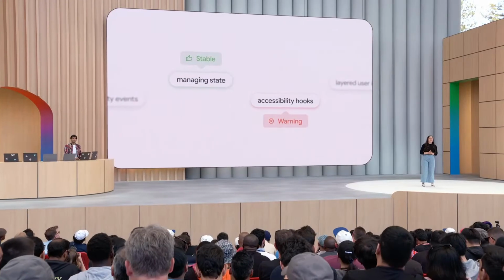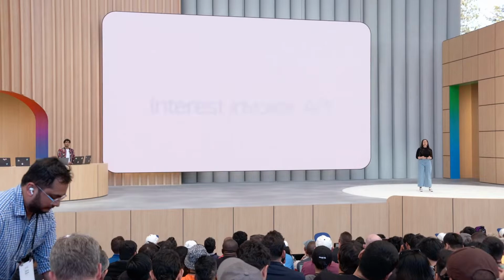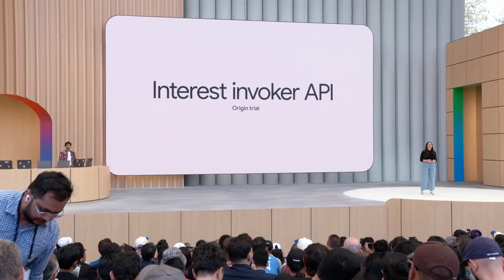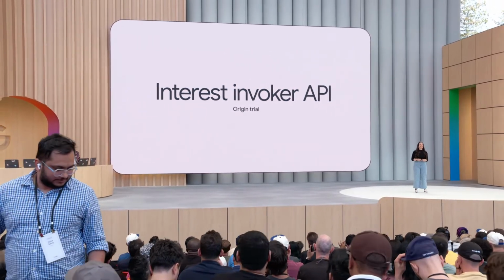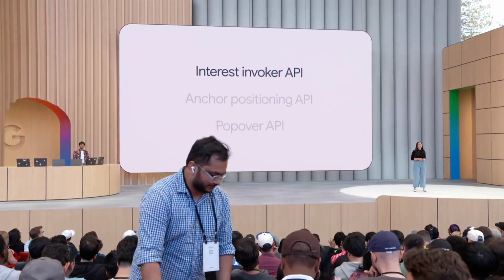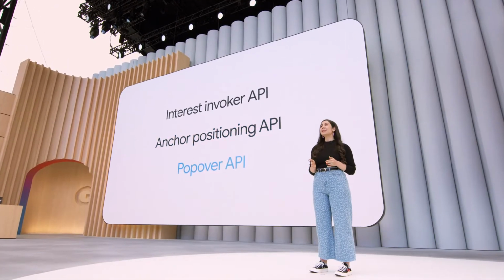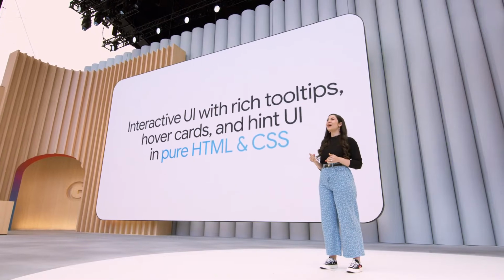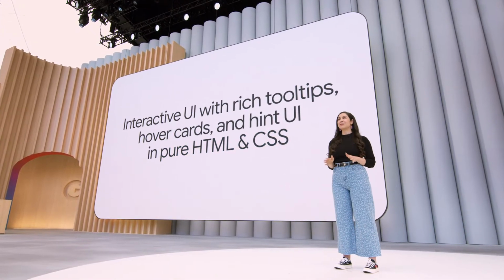So I can't wait for you to try the new experimental Interest Invoker API, which, when used with the existing anchor positioning and popover APIs, helps you build out accessible, complex, layered UI elements without JavaScript in a fraction of the time.